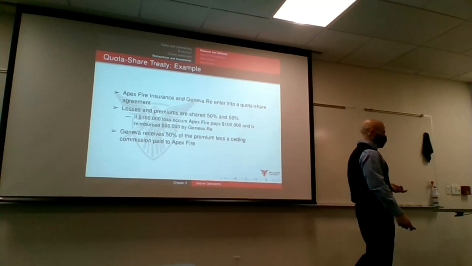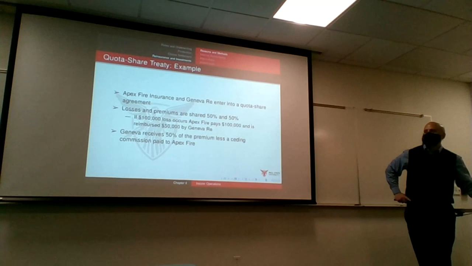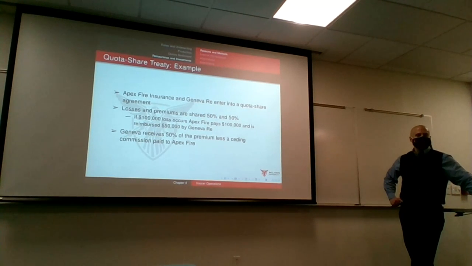A reinsurer will agree that if they receive a certain percentage of the premium value, they'll cover that same percentage in losses. So an example here: Apex Fire Insurance and Geneva Re enter into a quota share treaty at 50-50. They both get 50% of the premiums, they pay half the losses each.